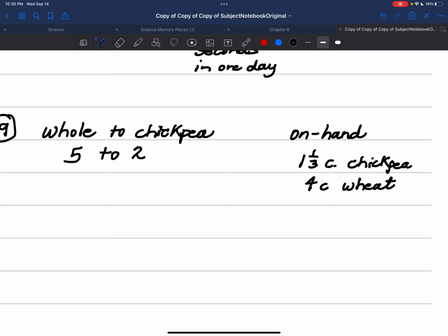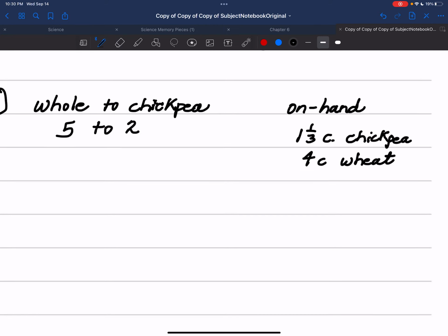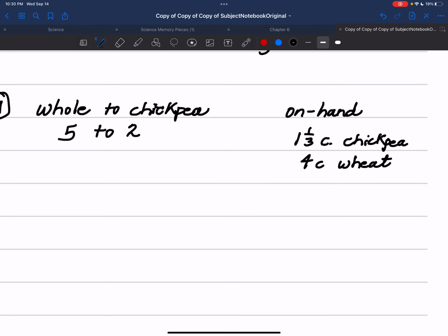Okay, let me do it this way. Would you agree with me that the wheat flour is not a problem? The wheat flour, I have 4 cups. Actually, it is a problem because it's 5 parts. Let's approach it another way.